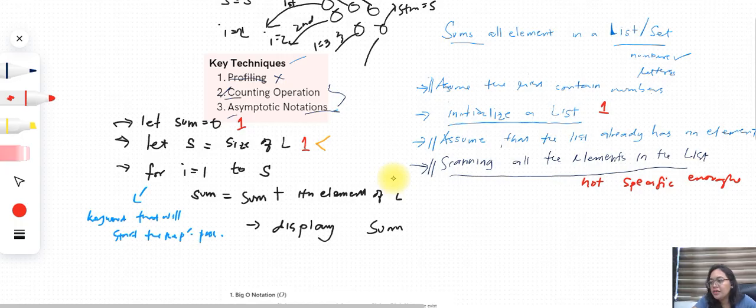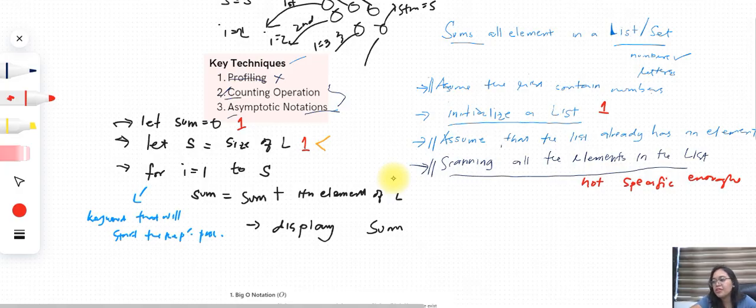Now, this one here is a little bit tricky because technically this statement will repeat. Since this is the scanning process, it will repeat until S, right? So we will start at 1 until S. But note that this also involves a step.